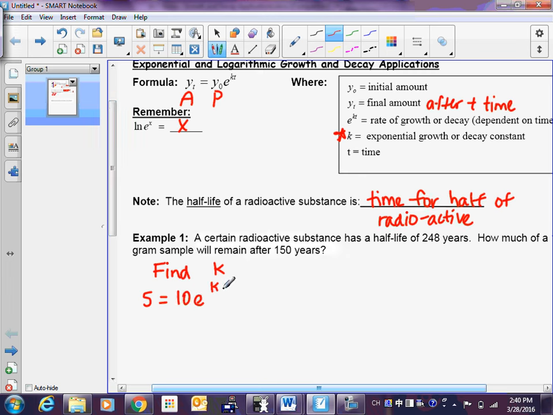We don't know what K is. And what do you think I should put in place of t? 150 or 248? I'm talking about half-lives right now. 248. So where does the 150 go? It's going to go next. You have to find K first, and that means you're not going to use all the information to find K. You're only going to use some of the information.